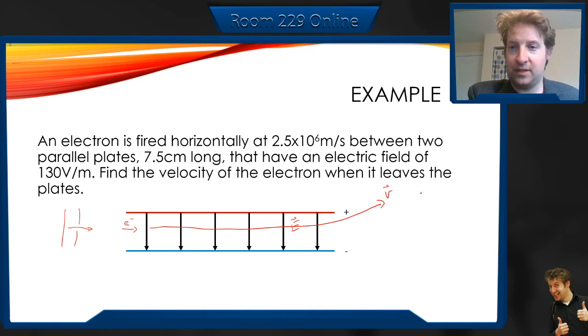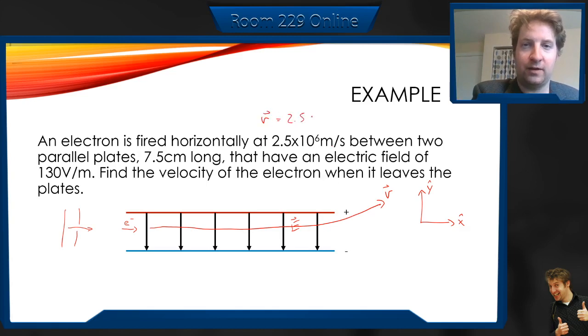So before we start, let's call this the x direction, x hat. Let's call this the y direction, y hat. So this initial velocity here, as a vector, is 2.5 times 10 to the 6 meters per second, and that's in the x direction. Okay, so let's figure out what that new velocity will be. So, I need an extra slide here.